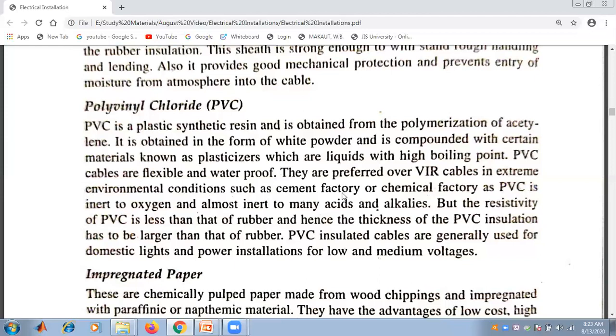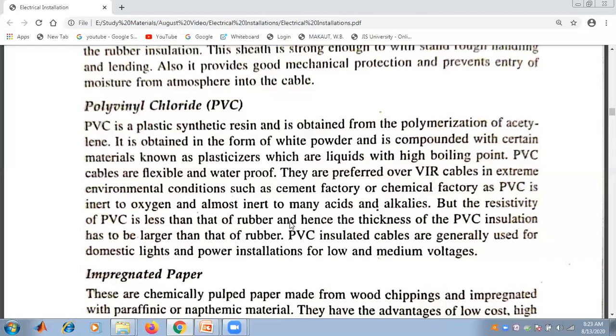It is generally used in the chemical factory or the cement factory, as PVC is inert to oxygen and almost inert to many acids and alkalis.